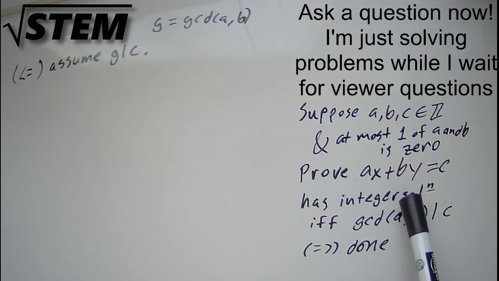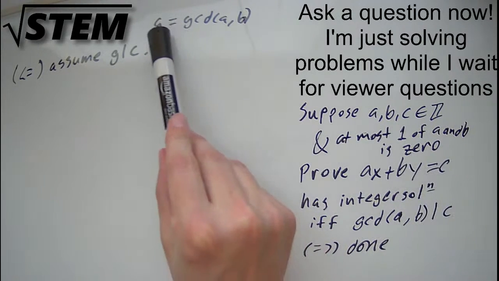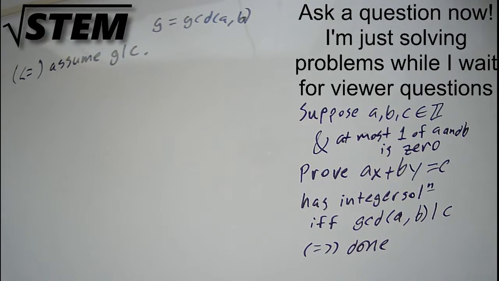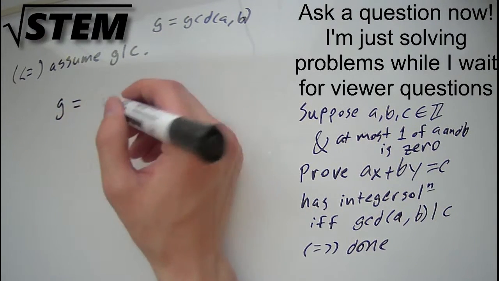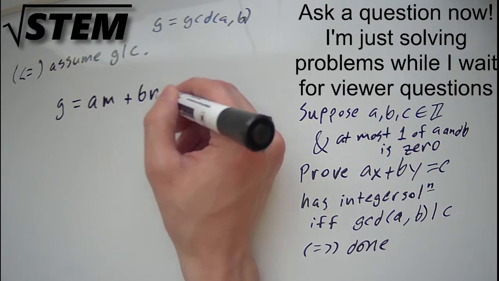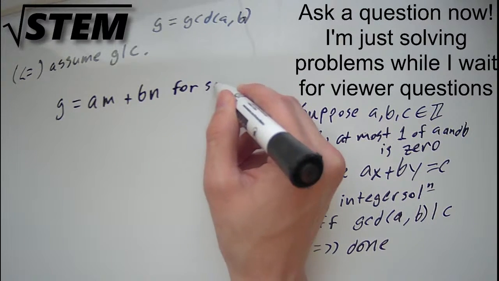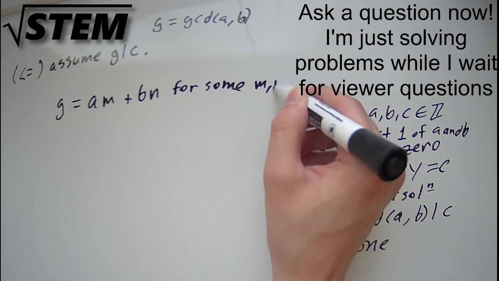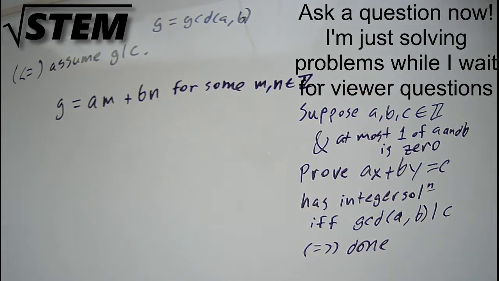So for any integers a and b, not both 0, the greatest common divisor can be expressed as a linear combination of a and b with integer coefficients. So we can say that g equals am plus bn for some m and n in Z. In particular, g is the smallest possible linear combination for a and b.